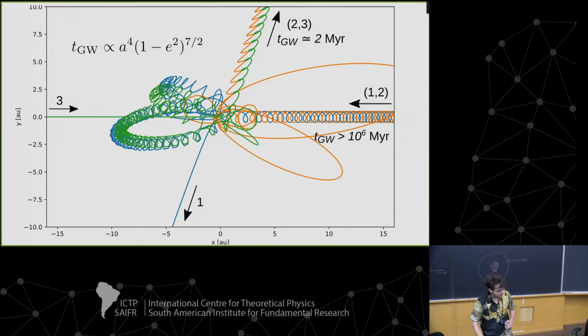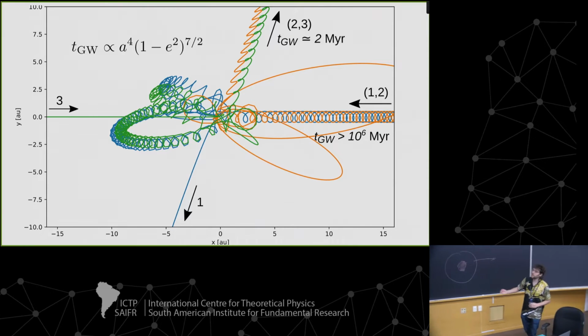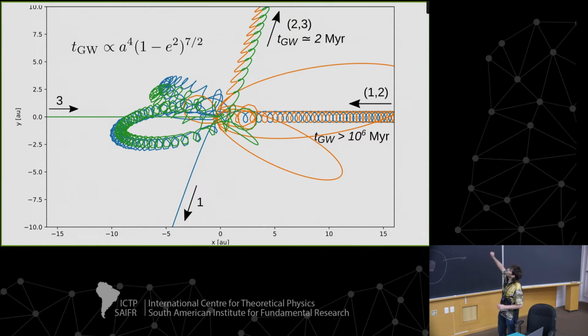The key idea of this kind of process is that these interactions can pump up the eccentricity of binaries and can also shrink them.